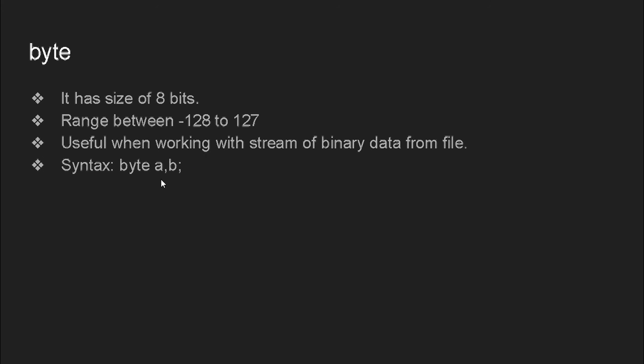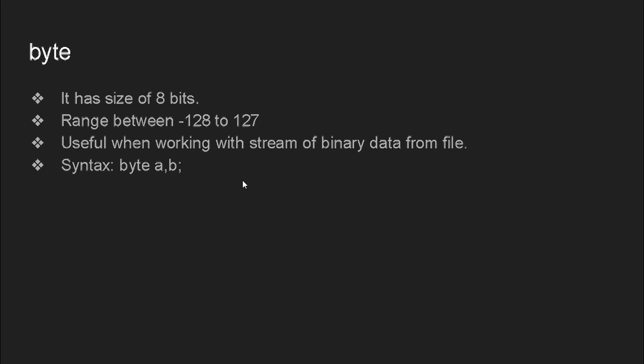You cannot write byte here, because byte is a keyword, and a keyword cannot be used as a variable name. I discussed these rules in the tutorials 2 before also, so you must follow them for declaring variables.